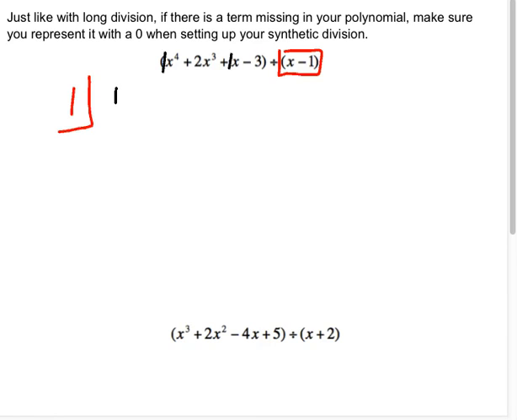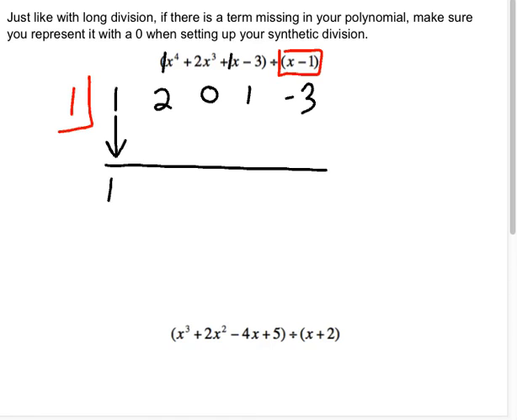So I have 1x to the 4, 2x cubes, no x squareds, 1x, and I have a -3. All right, now I'm ready to start my process. Drag down the first number, and whenever you have a number down there, you multiply by the magic number. 1 times 1 gives me 1.